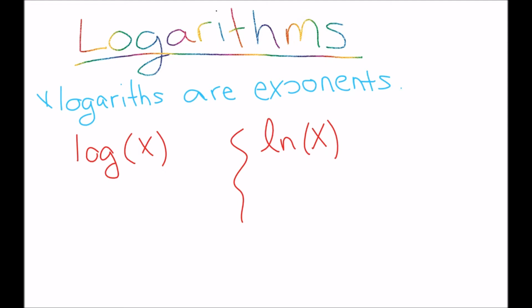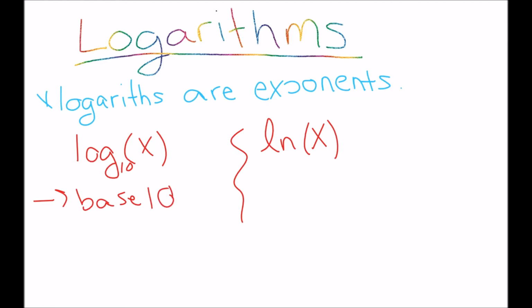When I talk about bases, there's assumed to be this little 10 here, and it can be other numbers, which we'll see in future videos, but for all intents and purposes right now it's assumed there's a base 10 there. So a log has a base 10, and I'll explain that further in just a little bit.